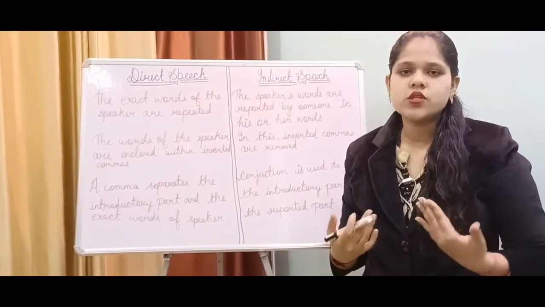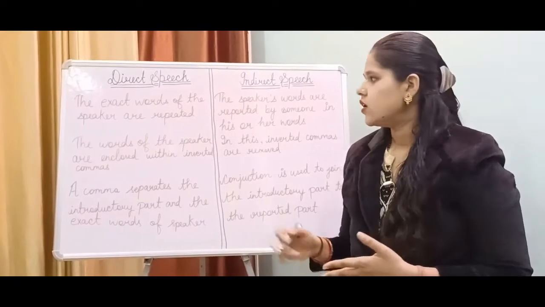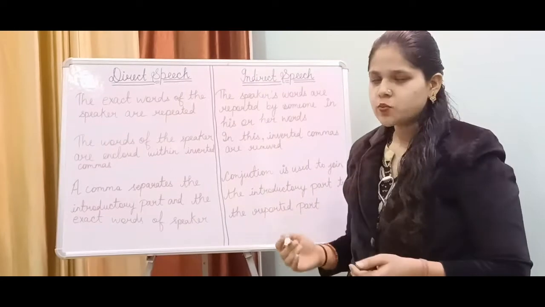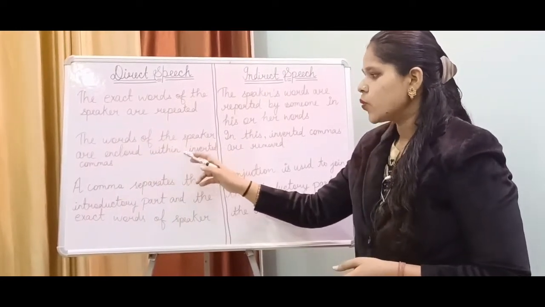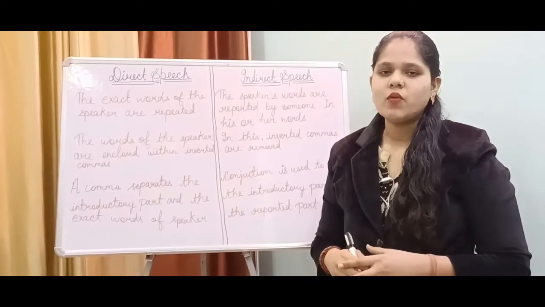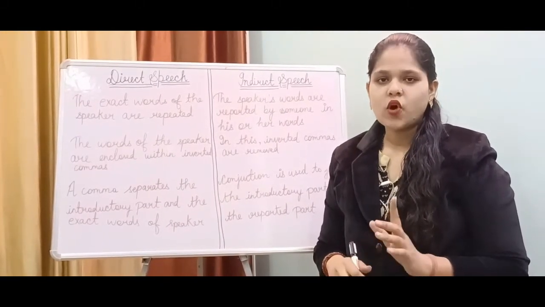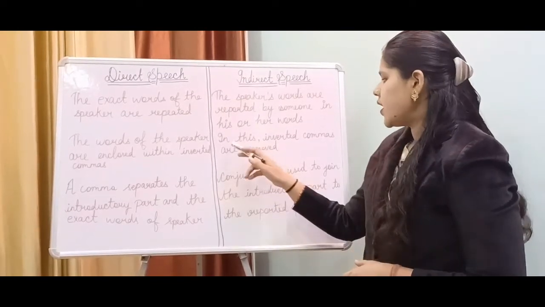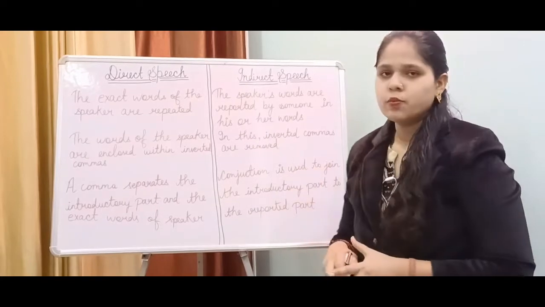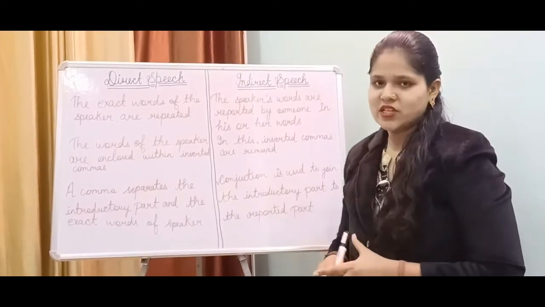That means he will use his own words to express what was said by the speaker. The next point is that the words of the speaker are enclosed within inverted commas in direct speech. In indirect speech, inverted commas are removed. There is no need to use any inverted commas.